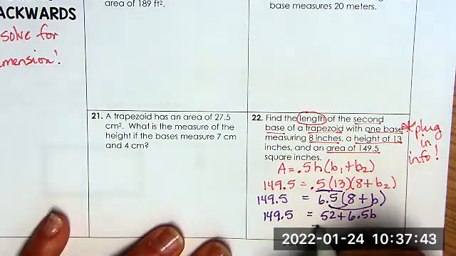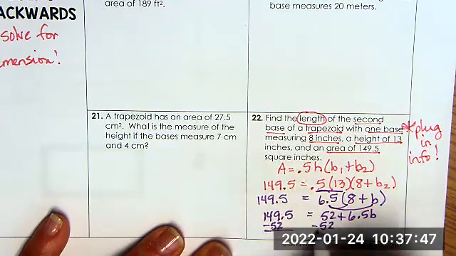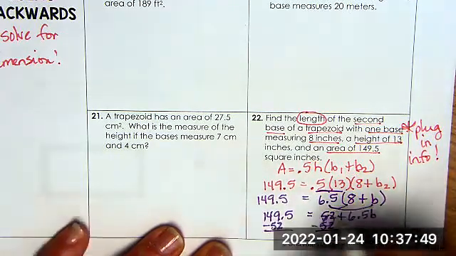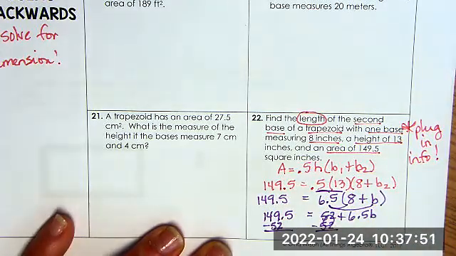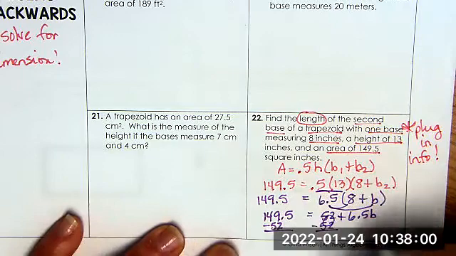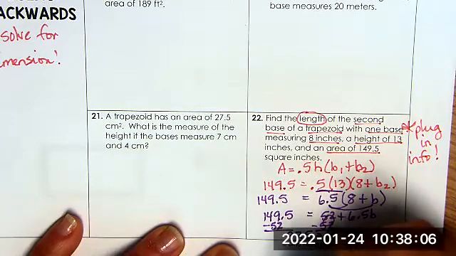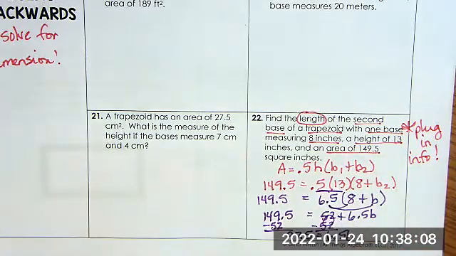So now I'm solving, so I subtract 52 from both sides. So I now end up with 149.5 minus 52, which gives me 97.5 equals 6.5b.